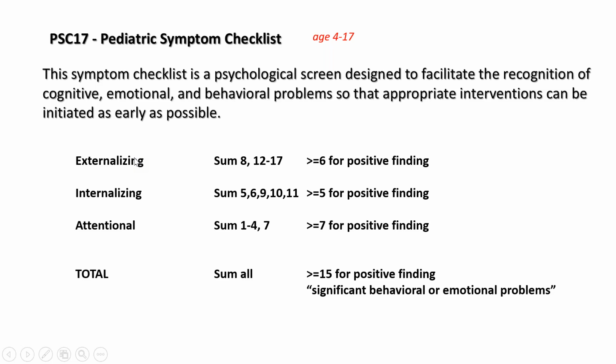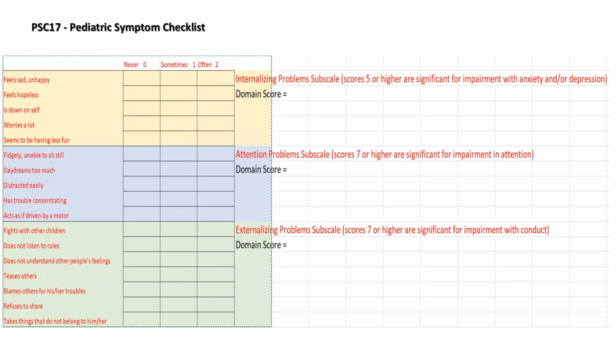These categories of symptoms are derived from particular test items, and you don't have to do that. The software does this for you. So your output will show you, of a more intentional problems, more internalizing or externalizing type problems. So internalizing like depression. And this is kind of what they look like. You can see these domains a little bit better. These are domain scores for attention problems. You can see the fidgety, daydreams, distracted, trouble concentrating.